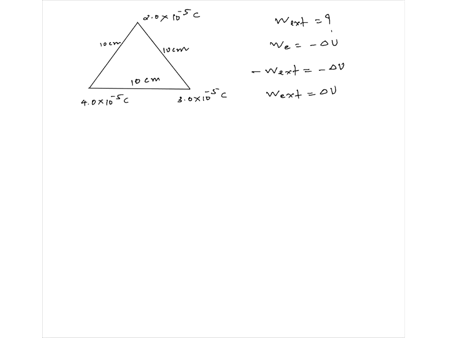Imagine they were at infinity and now they are here. So when we say delta U, final means here, now, and initial is infinity. Infinity obviously means that it is 0.